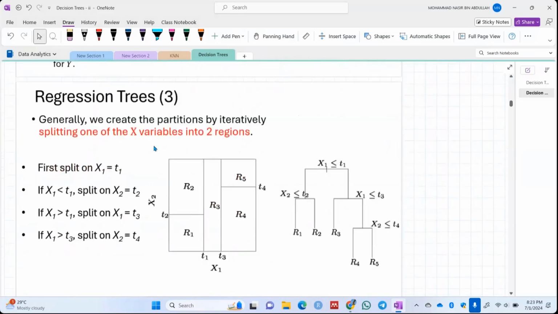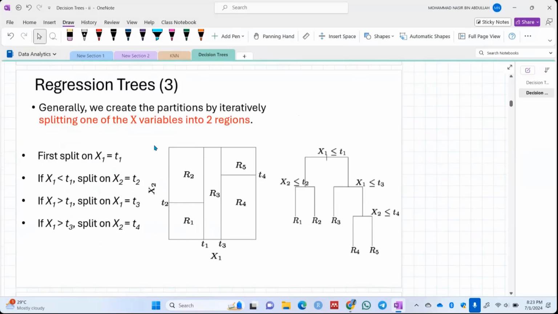Right, let's look at this example. Example number 3, regression trees. This is what we call a partition space. This partition space represents the regions that are split from the root node.